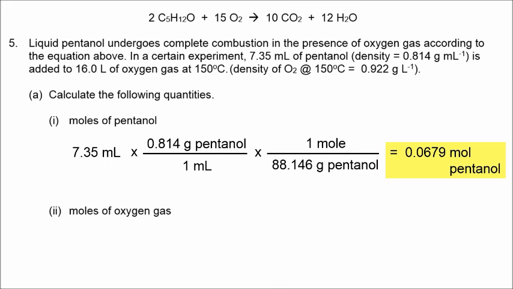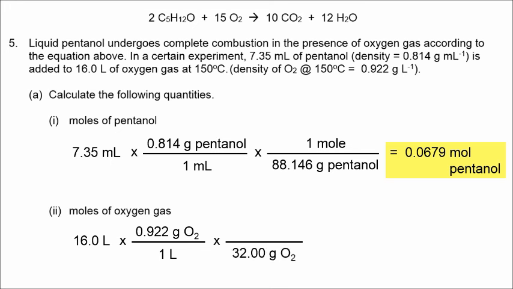For moles of oxygen, we go from liters to grams using density again. So 1 liter on the bottom, 0.922 grams on the top. We convert from grams to moles using the periodic table, and that calculation gives us 0.461 moles of oxygen, again 3 sig figs based on the volume.